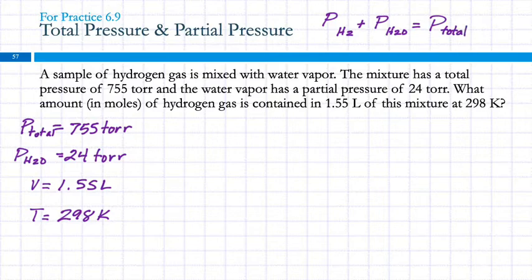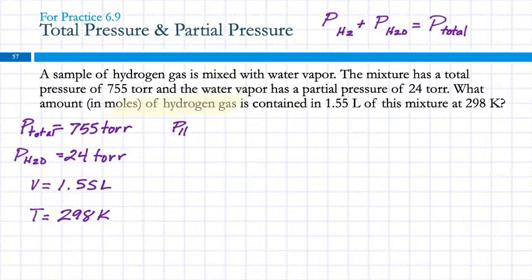I want to know the moles of hydrogen gas, not the moles of gas, period. I just want the hydrogen. I don't care about the water. So when I use my ideal gas law to calculate moles, I need to use the pressure of hydrogen. So I need to find the partial pressure of hydrogen.